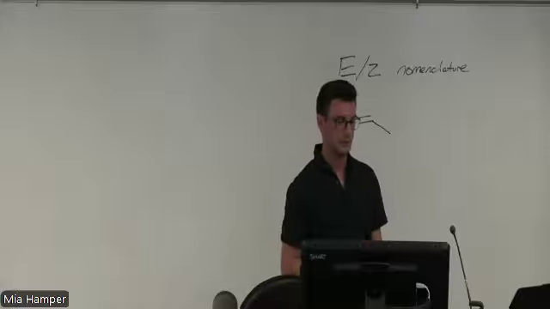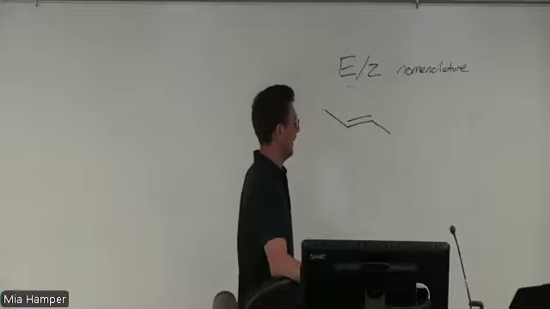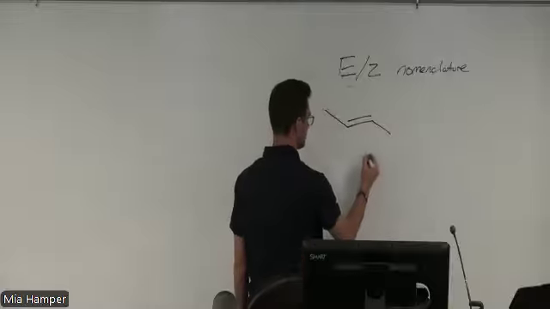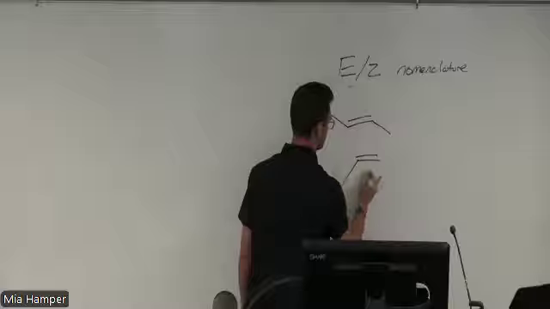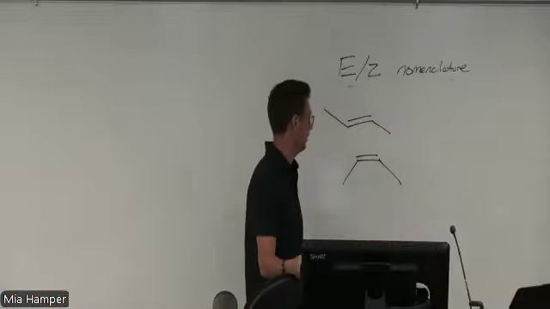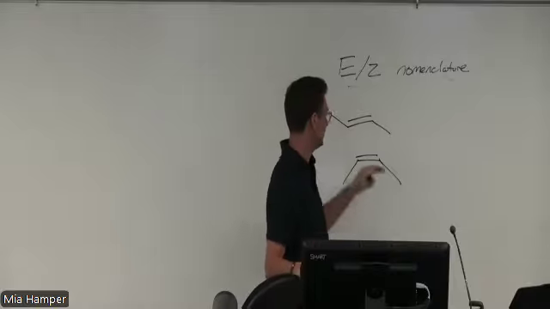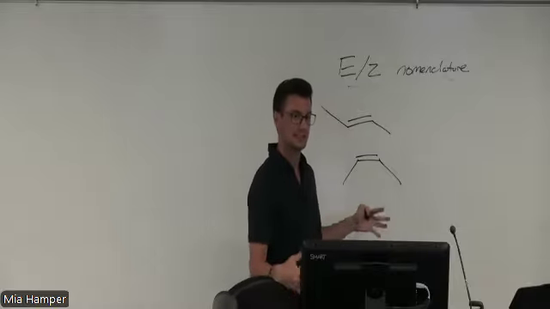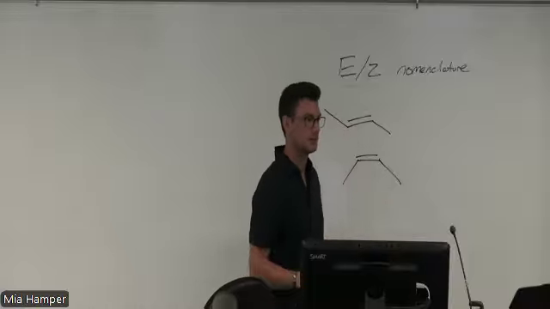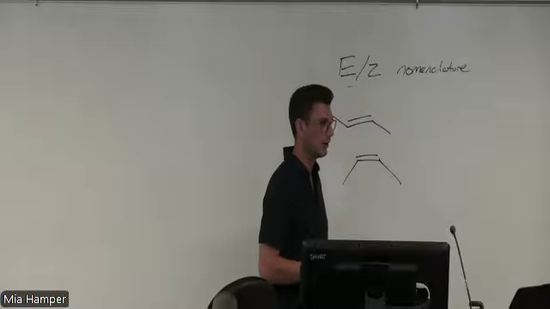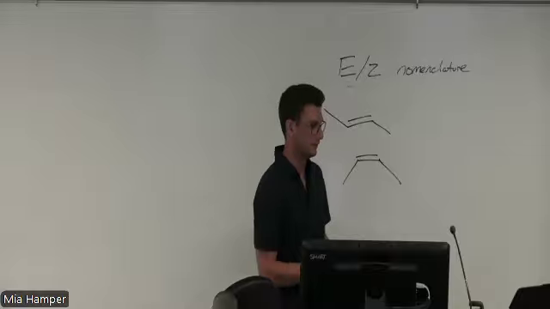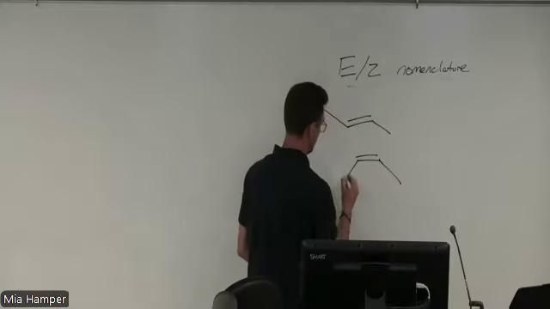We would describe this as trans, typically, versus cis. The highest priority groups coming off each end of the double bond are pointing in the same direction, so they're cis, versus in opposing directions, trans. That was familiar from prior lectures and stuff that you've seen in class. That doesn't go away. So this would be cis and trans.